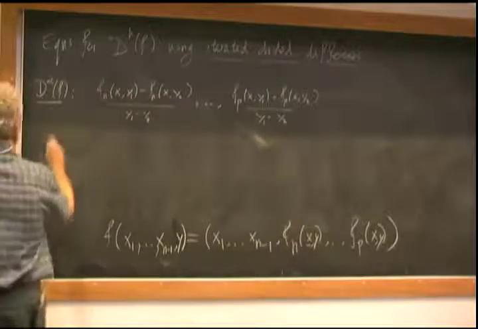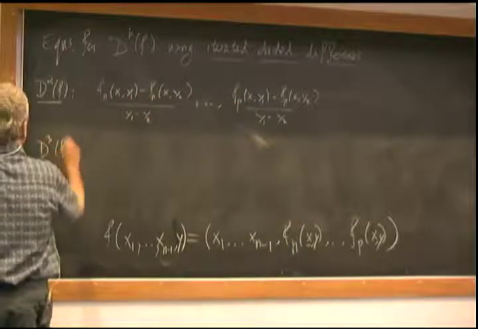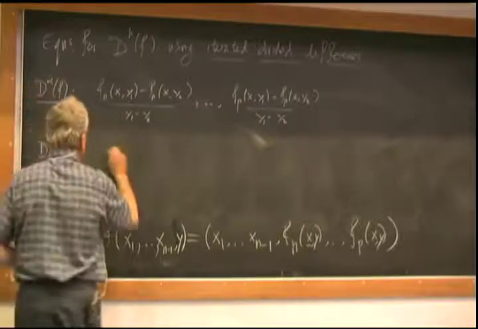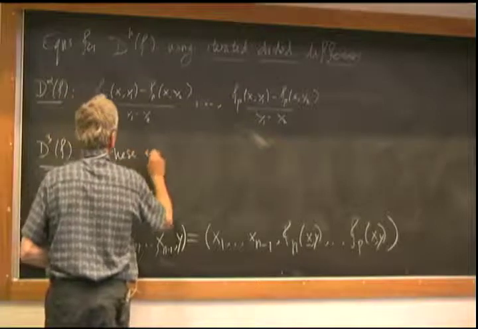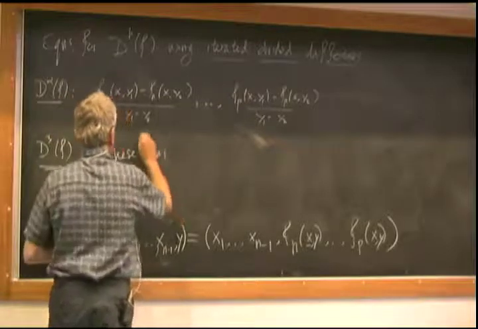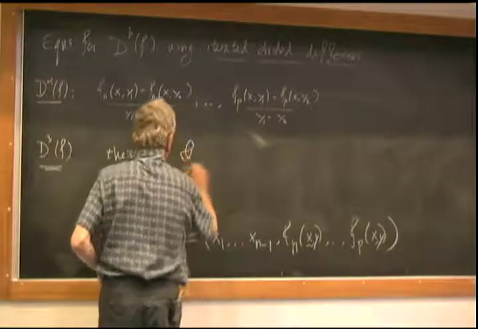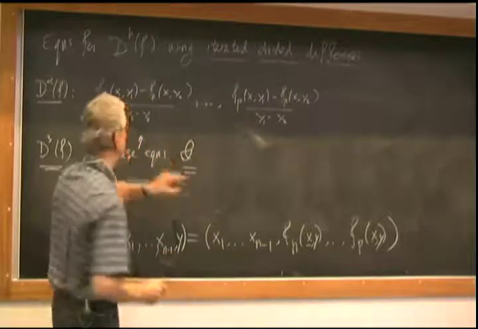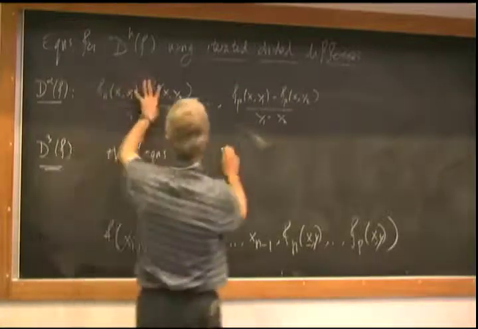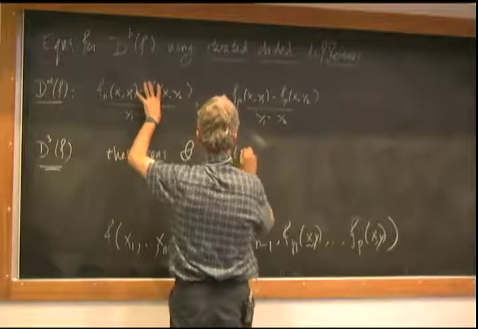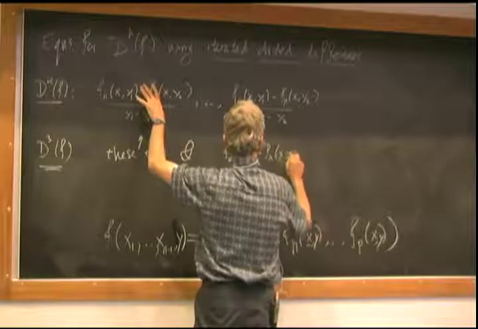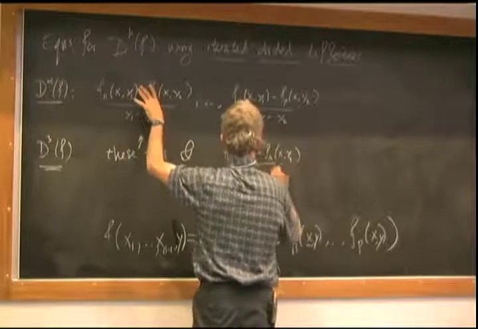Okay. Now, for d3 of f, I take these equations, those ones up here, and two more equations. I repeat the process. I write this equation, fn x y1 minus fn of x y2 over y1 minus y2.